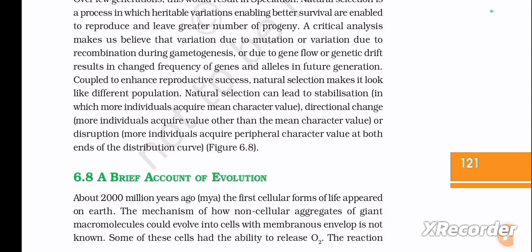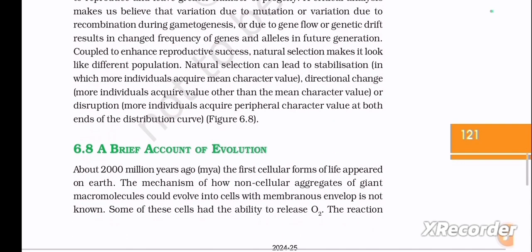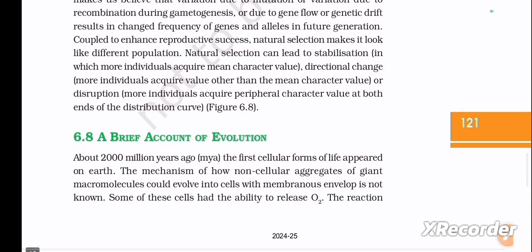A critical analysis makes us believe that variation due to mutation, variation due to recombination during gametogenesis, or variation due to gene flow or genetic drift results in changed frequency of genes and alleles in future generations.